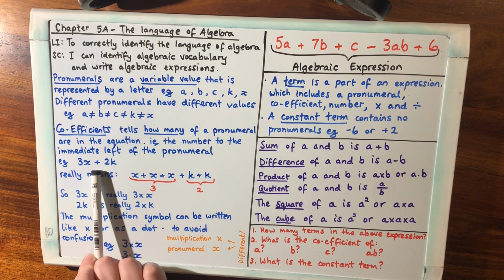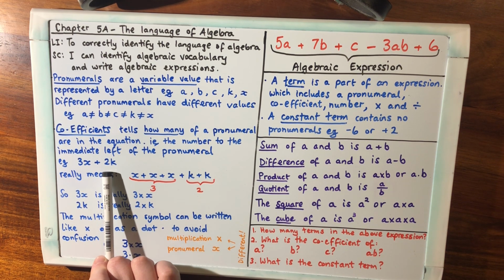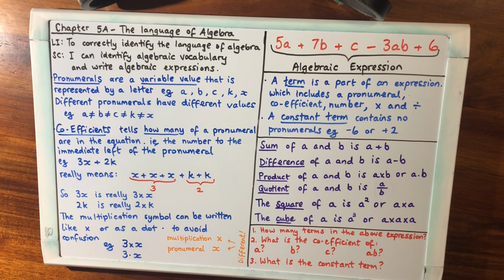Plus 2 k's, so that's k plus k. And when we have anything added to itself, we can just condense that to be 2k, a multiplication. So 3x is really 3 times x, and 2k is really 2 times k.